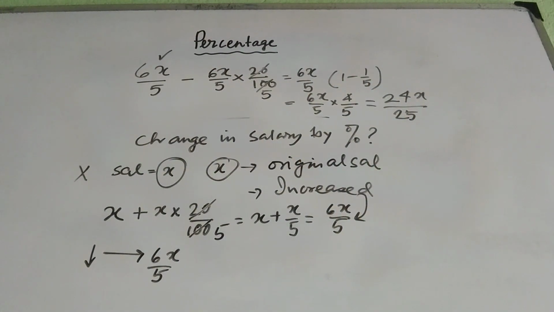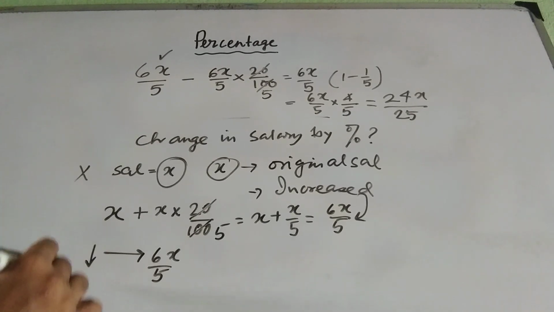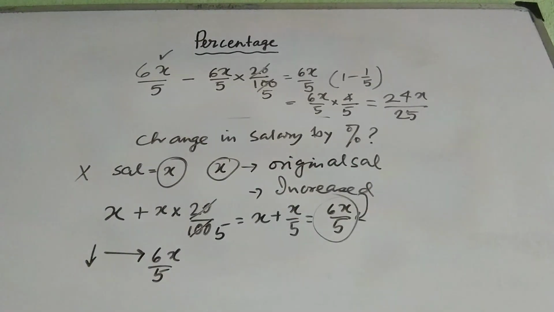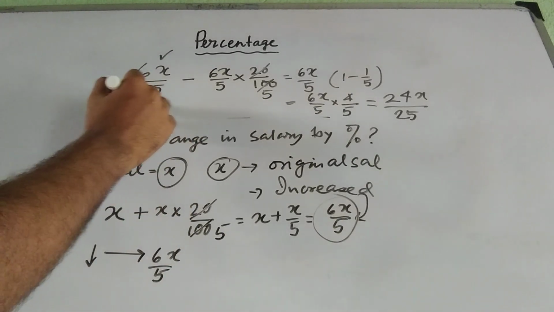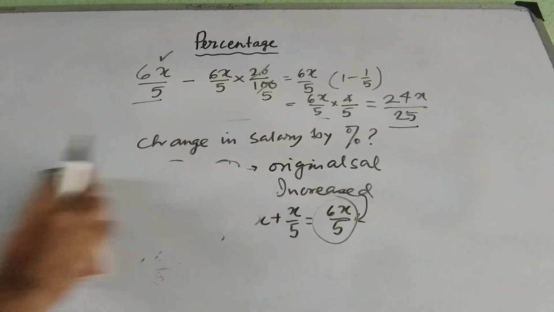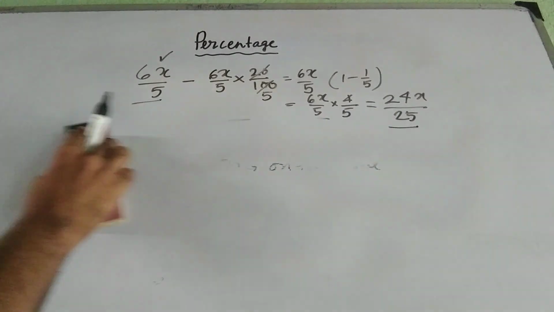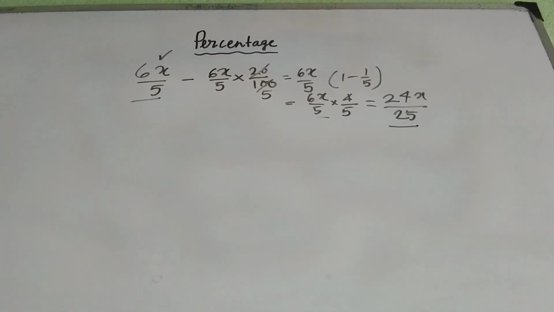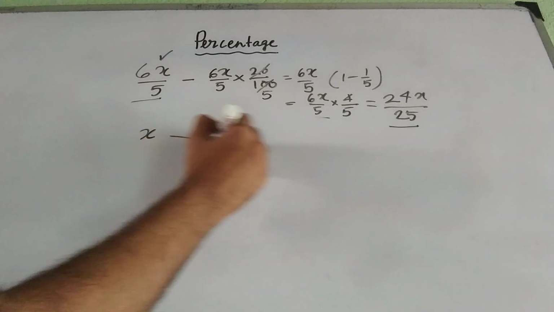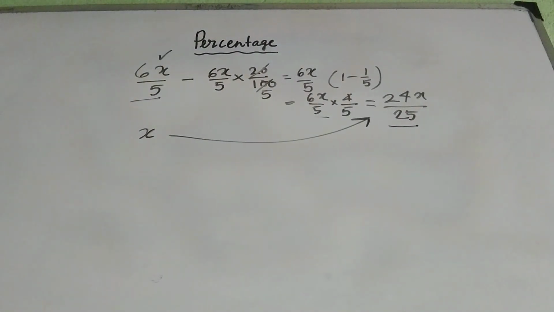So there are two cases here. One is the increment of 20%, after which the salary became 6X by 5. Again there is a decrement on top of the increased salary, so now the salary has become 24X by 25. Finally we have to calculate the actual change of salary. We assumed that the salary of the employee was X, and now it has been transformed to 24X by 25.